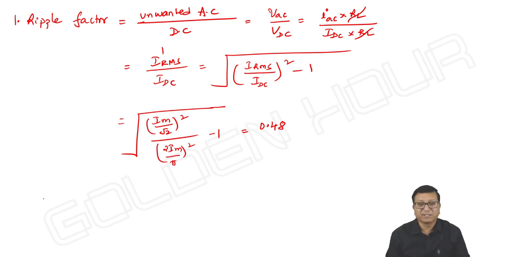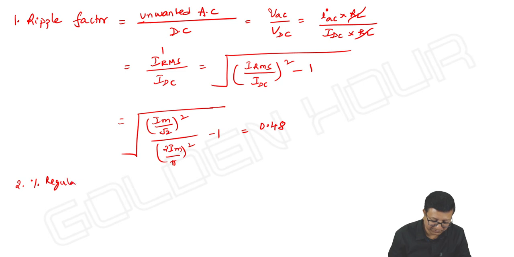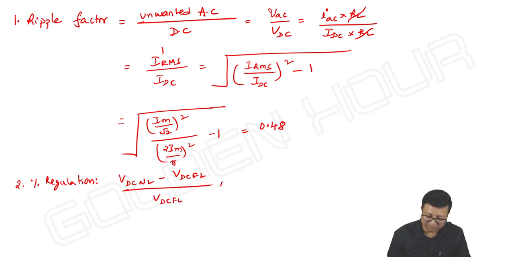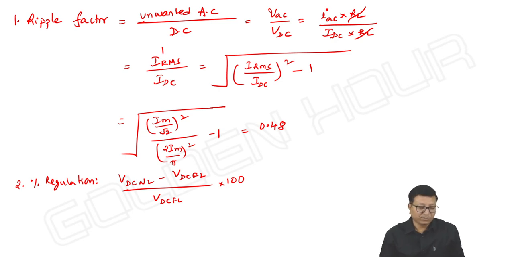And the second parameter is the percentage regulation. It is given by VDC no load minus VDC full load, divided by VDC full load, multiplied by 100. And what about VDC no load? When RL is maximum, the corresponding DC is maximum, which is known as VDC no load.